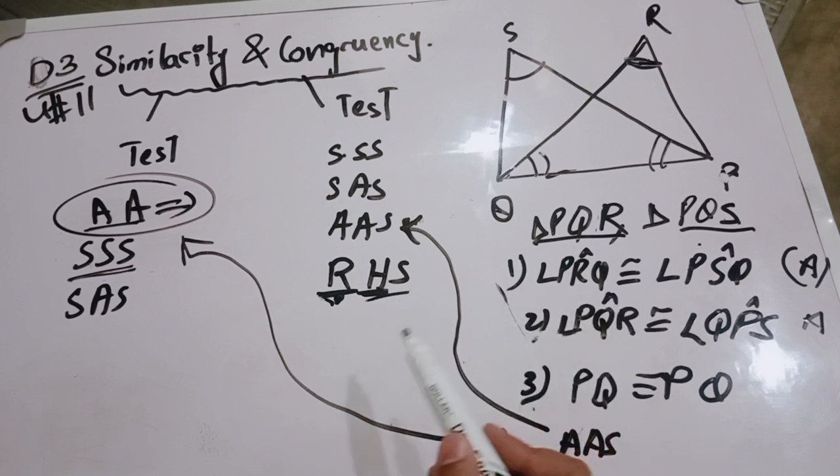So with the help of similarity and congruency tests, we can prove whether the given pair of shapes are similar or congruent. Hopefully this will give some clarity for this particular topic.